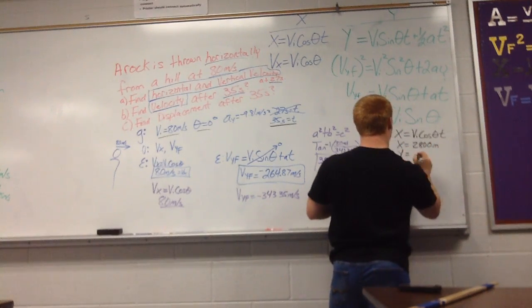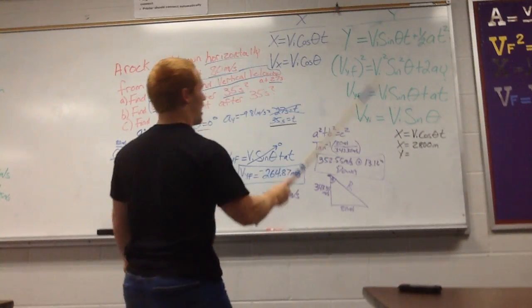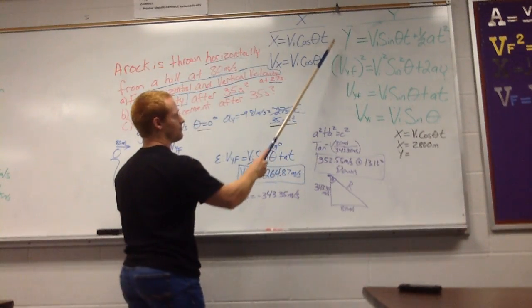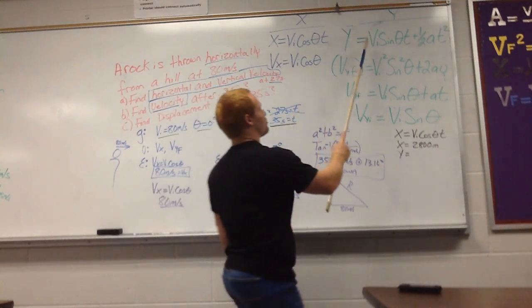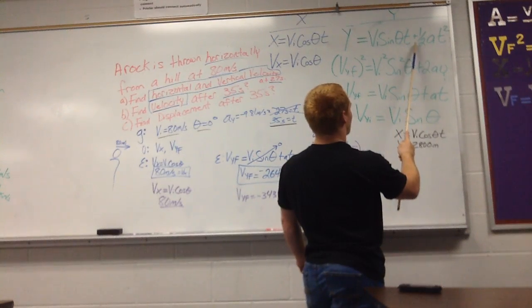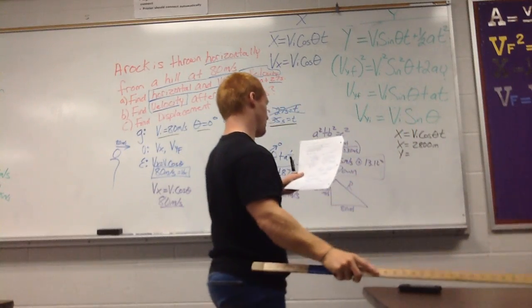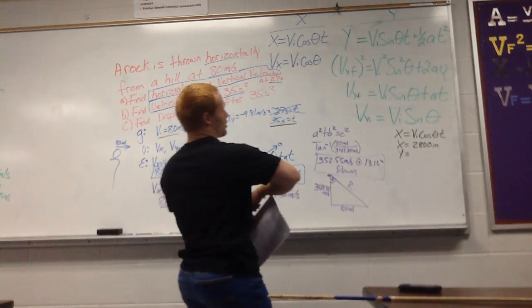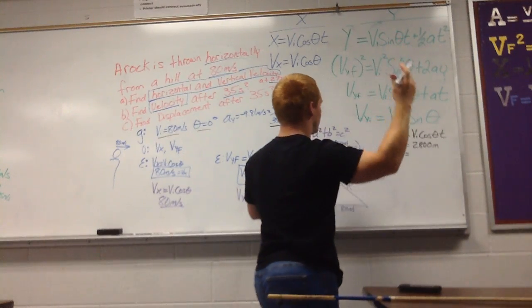Now we're going to find our y value. Okay? So I'm going to look at our y equations. We have two of them that have y in it. These are the only two that have y. We have y equals vi sine theta t plus 1/2 a t squared. I'm going to use that equation. Also notice this vi sine theta t will cancel out, just so you know.